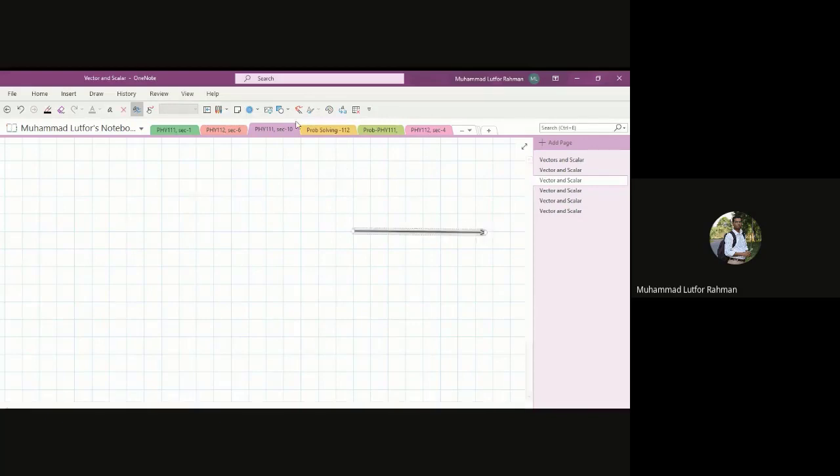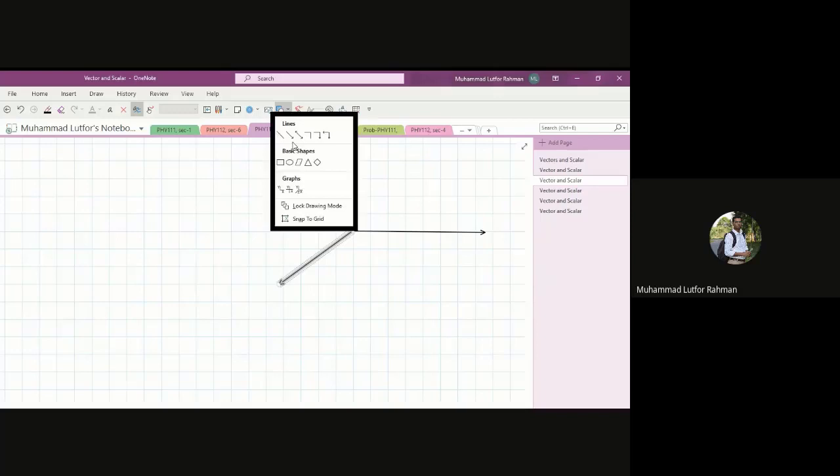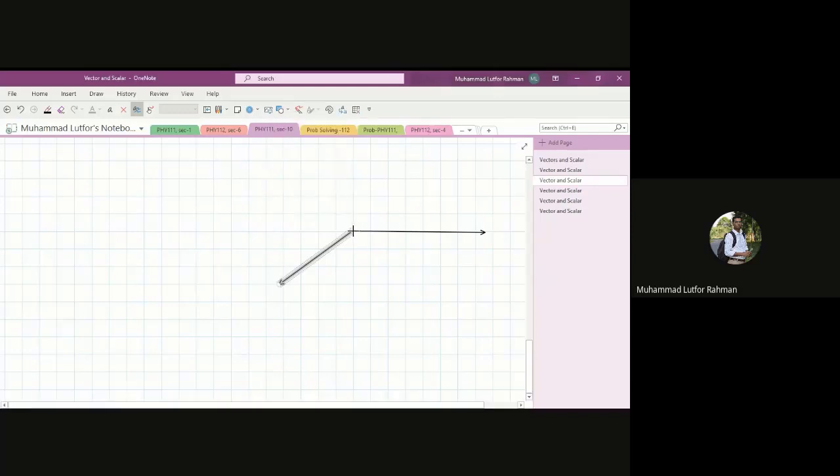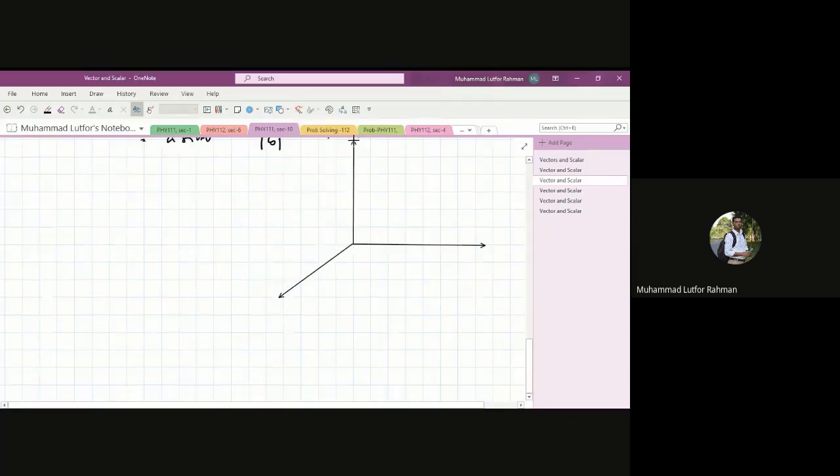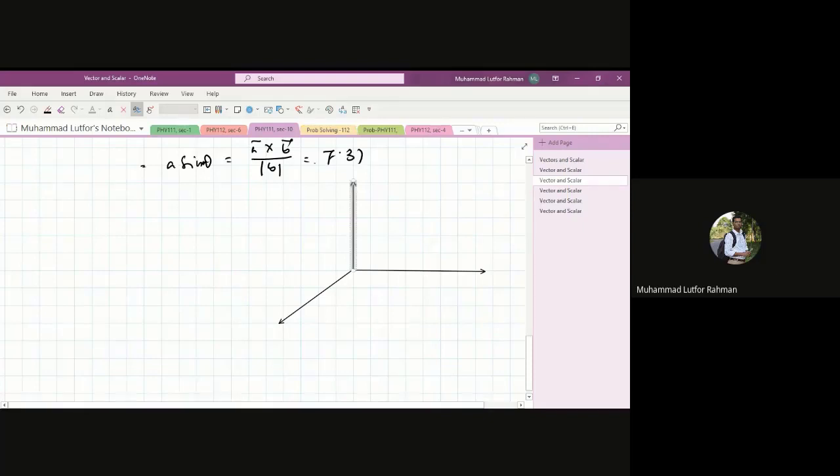So this is your x-axis. So this is actually the z-axis. I'm labeling that thing. So this is x, y, the z, right?